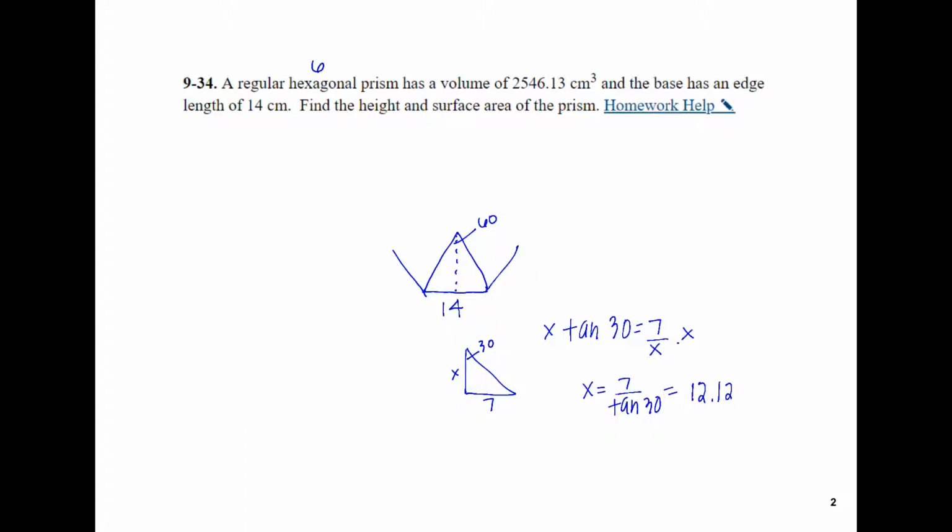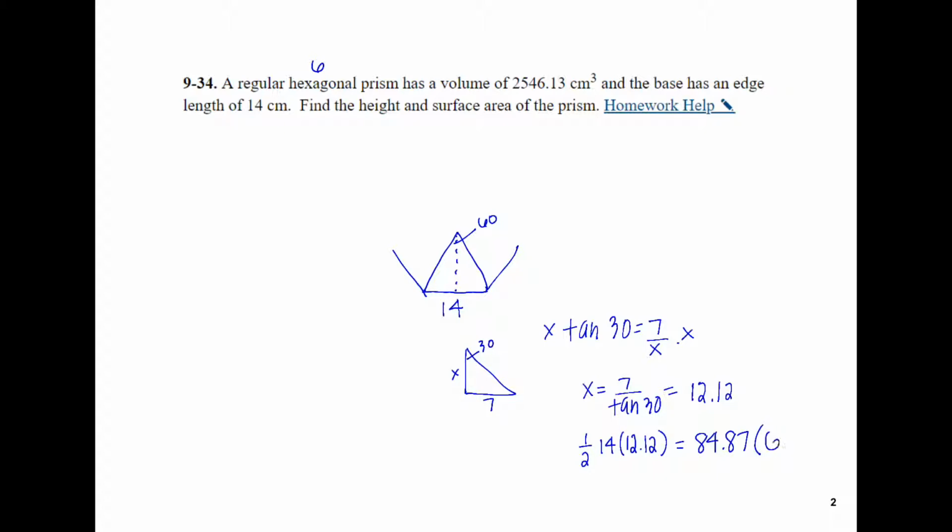So to find the area of our triangle, we do 1/2 our base, which is 14, times our height, which is 12.12, and we get approximately 84.87.